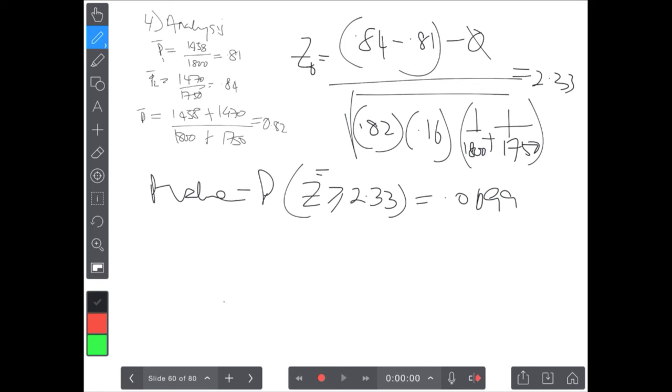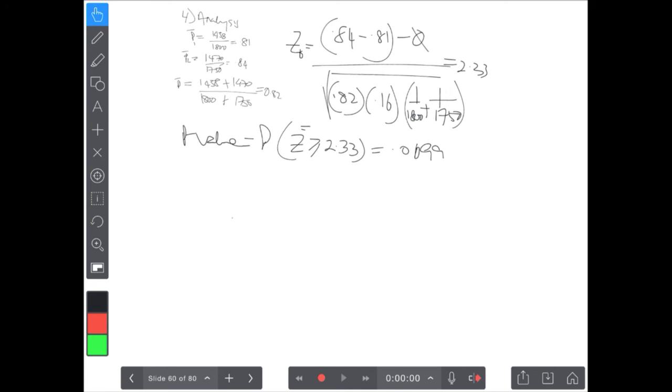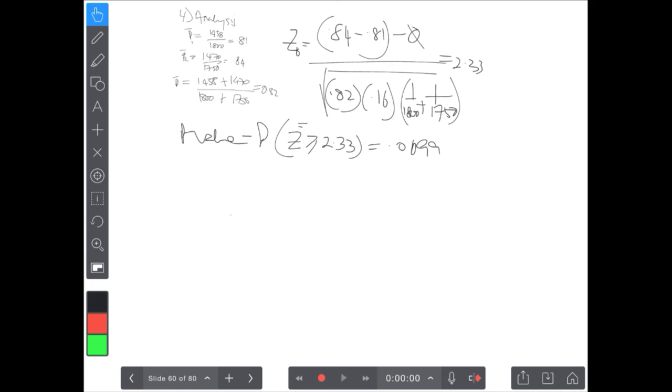Okay, so given that we have our p-value, we have our test statistic, we have our critical value, the only thing left to do now is to apply the decision rule. Step 5, the decision and the conclusion.